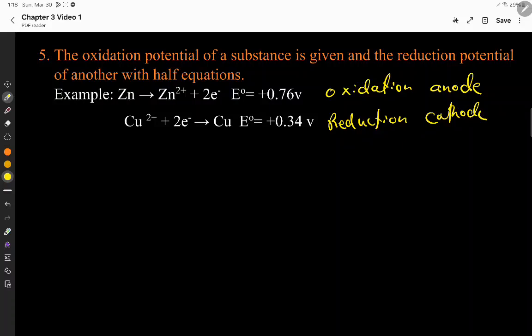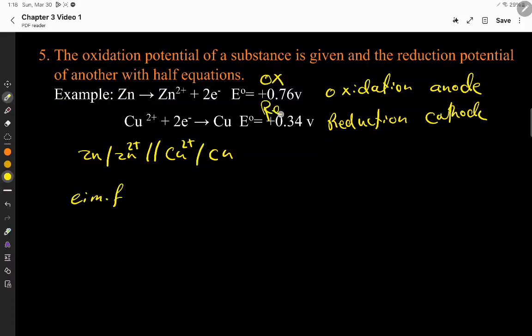If it asks us about the cell diagram notation, it is going to be zinc before zinc positive. This is the anode, then the cathode, copper positive, copper. If it asks about the electromotive force, here we have oxidation and here we have reduction. So we are going to see oxidation potential of the anode plus reduction potential of the cathode.